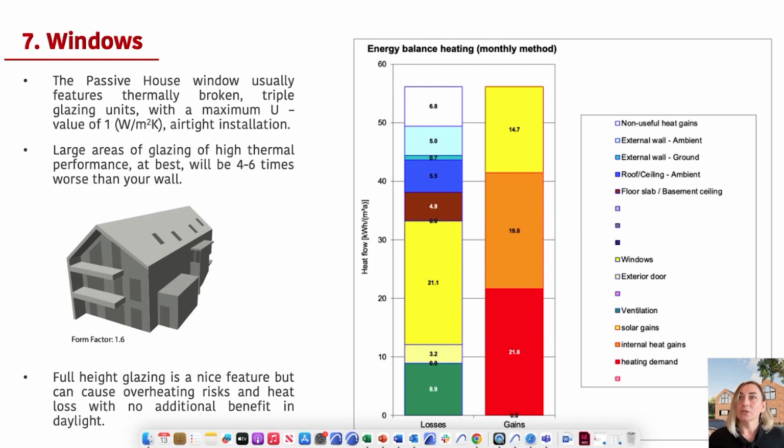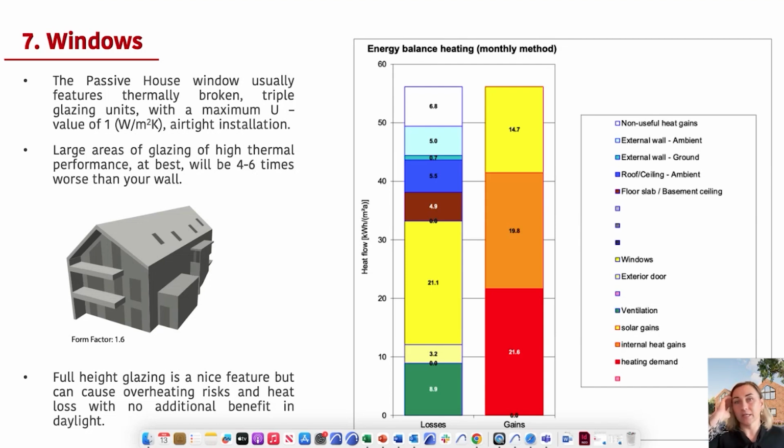So I also included on the slide an extract from the PHPP planning package, which is an energy balance. And on the left-hand side, you've got shown losses, and on the right side, there are gains. And the yellow area is the areas for the windows for a design shown to the left.